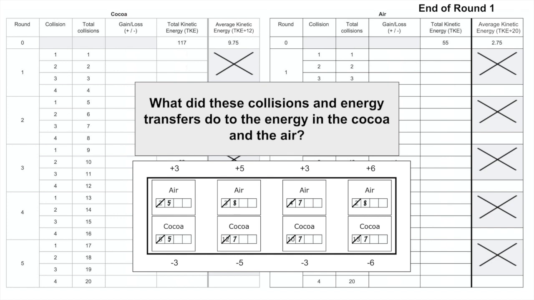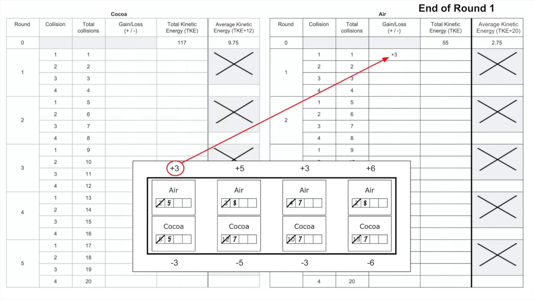What did these collisions and energy transfers do to the energy of the Coco and the air? To find out, we calculate how the energy changed within each molecule after the collision. From the first collision, the air molecule gained 3, so we write plus 3 in the gain-loss cell. During this same collision, the Coco molecule lost 3, so we write minus 3 in the gain-loss cell.